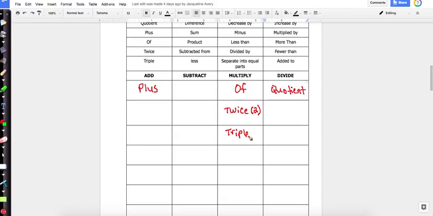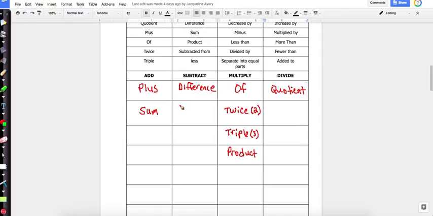And what number are you multiplying by? 3. Difference, subtraction. Sum, addition. Product, multiplication.